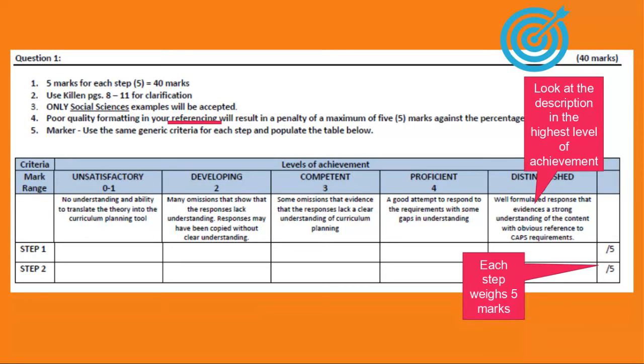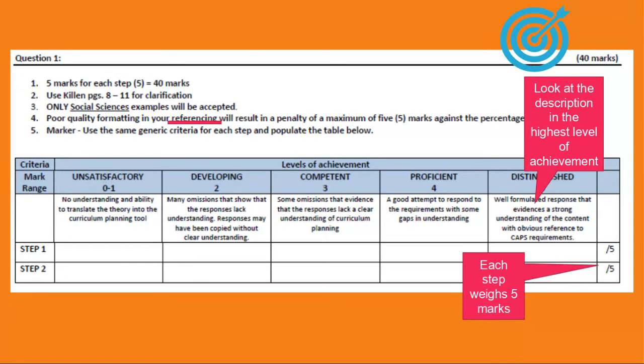So each step weighs 5 marks, and you use Killen pages 8 to 11 for clarification, as well as the social sciences CAPS document. Poor quality formatting in your referencing will result in a penalty of a maximum of 5 marks against the percentage.